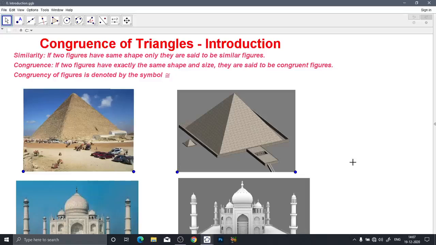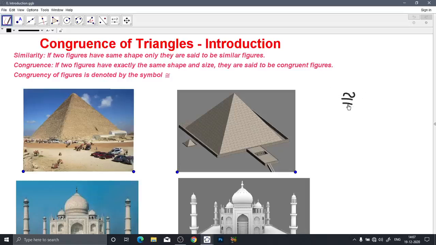And congruent figures are denoted by a symbol. What is that symbol? Congruency we have to show with this symbol, and we have to read it as congruent to.